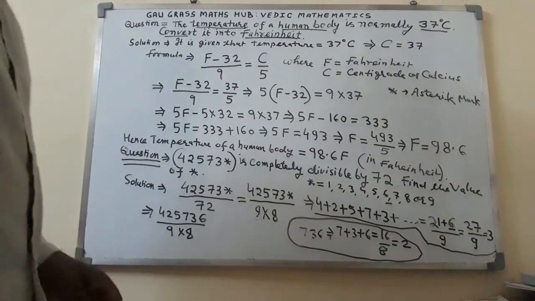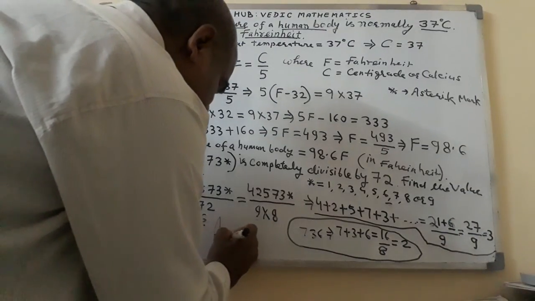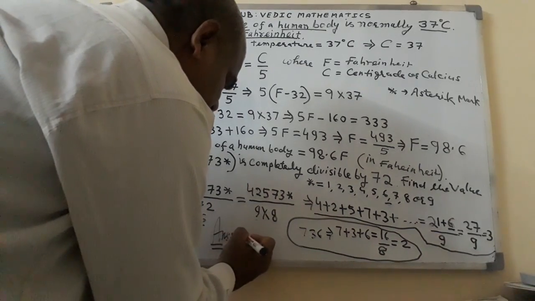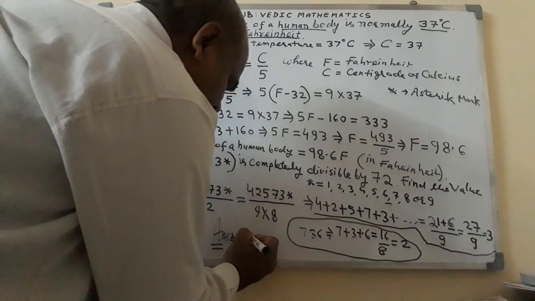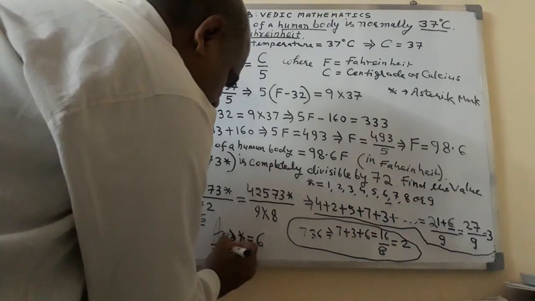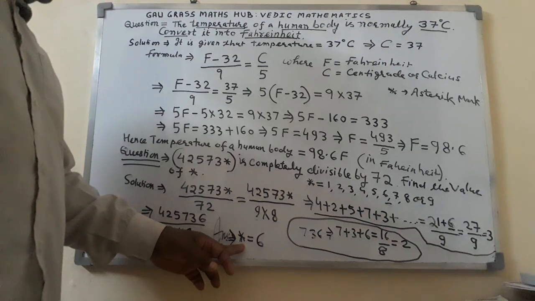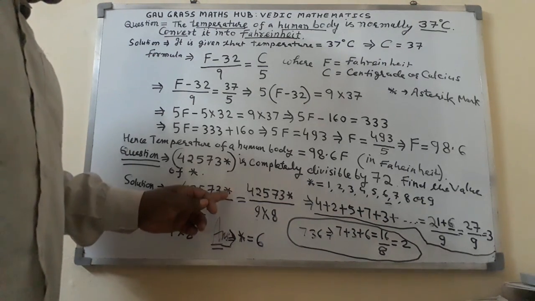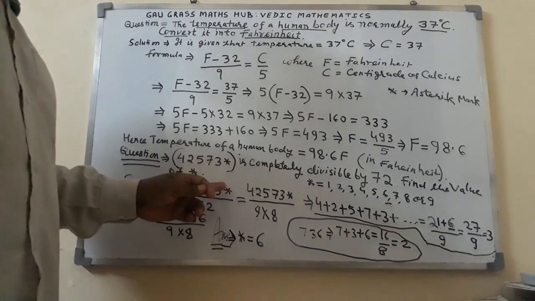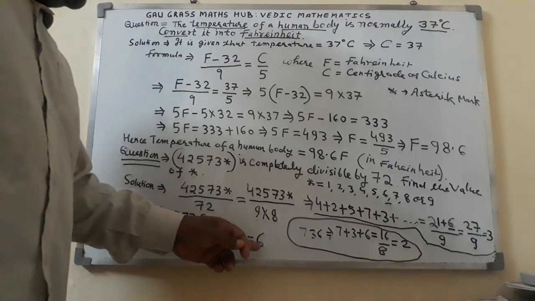This means that the correct answer we will get in place of the asterisk mark, that is the empty space, the empty space will be filled by only one digit, that is 6. The correct answer will be 6.